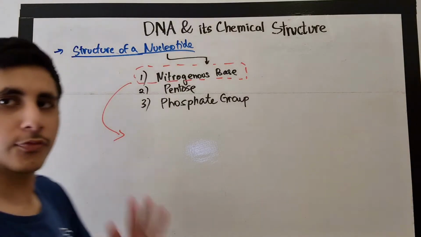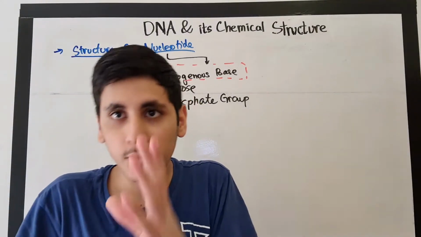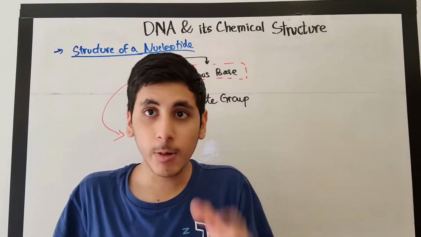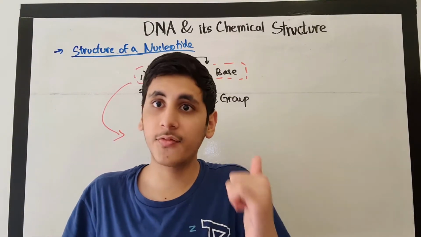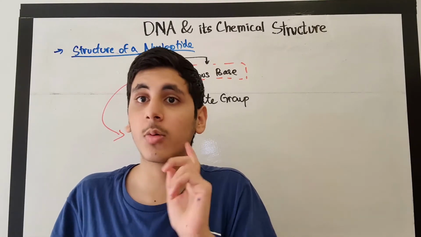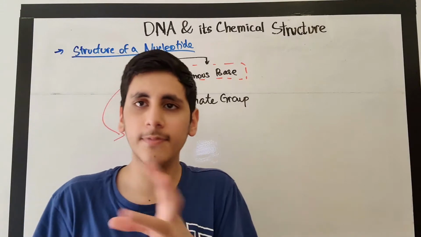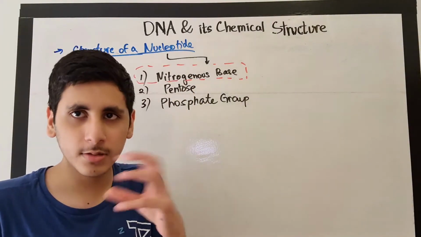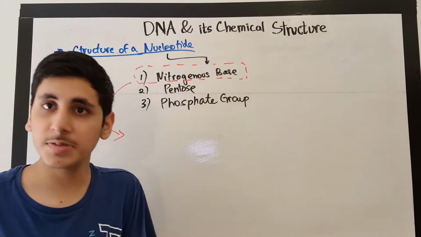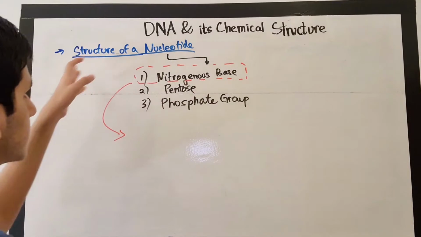There are 4 essential nitrogenous bases in DNA, and there are also 4 found in RNA. However, the 4 found in DNA are not the exact same as the 4 found in RNA. That's the chemical structural difference between RNA and DNA, the biochemical composition, where the difference lies between the 2 nucleic acids.